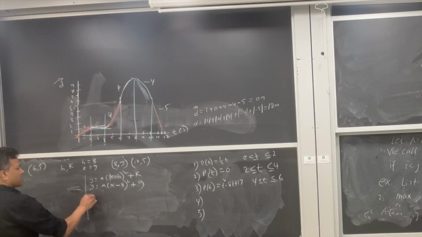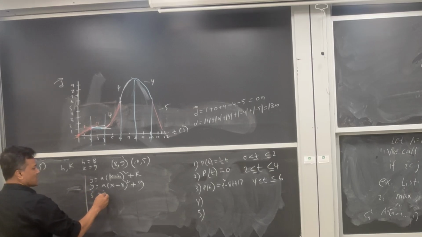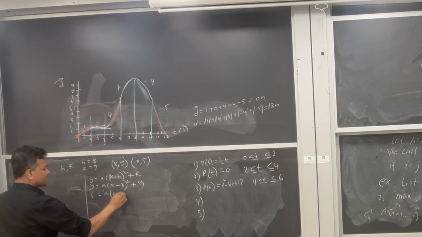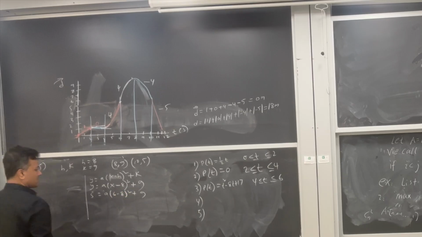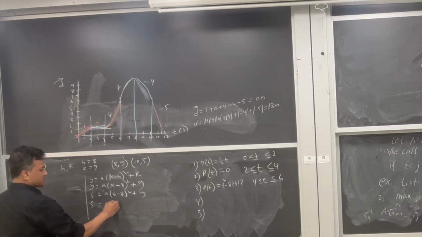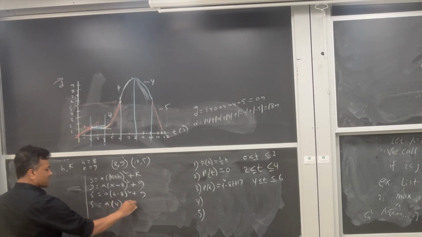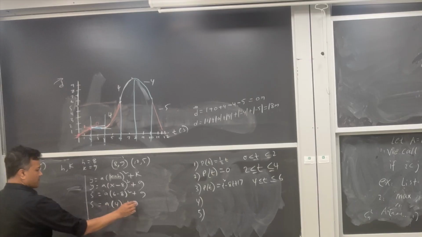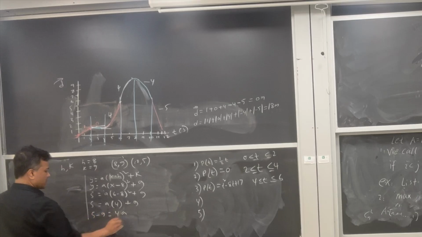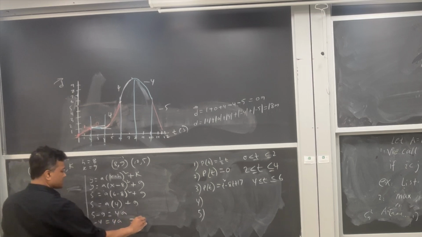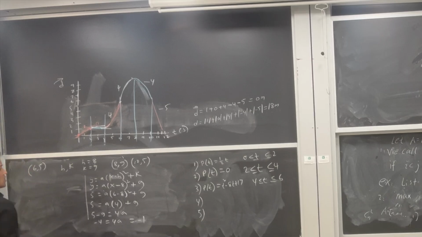So 5 is equal to a times 6 minus 8 squared plus 9. So 5 is equal to a times negative 2 squared, which is 4, plus 9. So 9 comes over here, so 5 minus 9 is equal to 4a. So negative 4 is equal to 4a. So a is equal to negative 1.